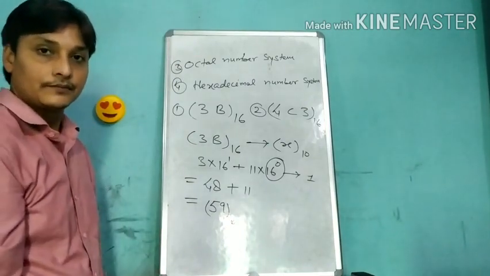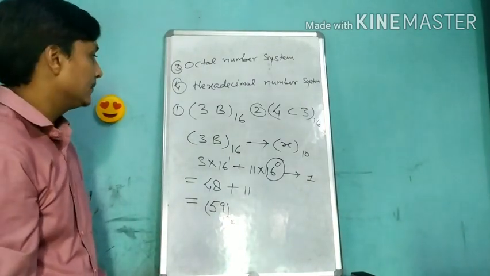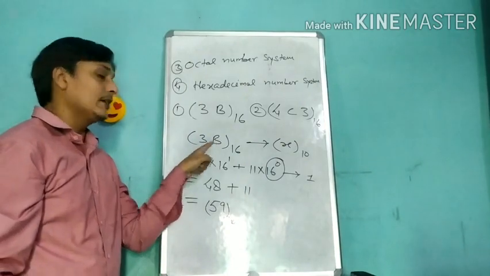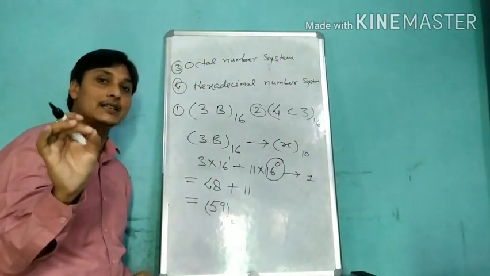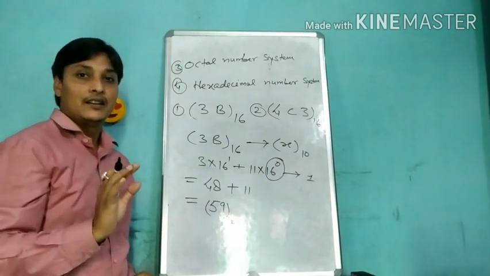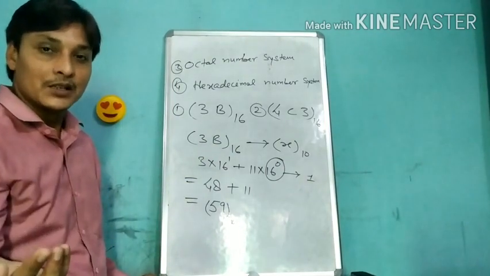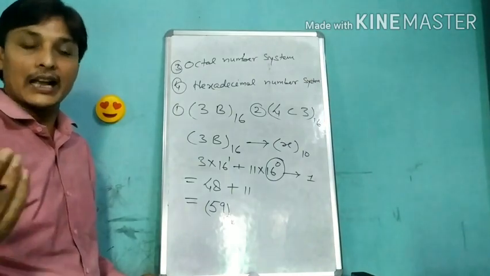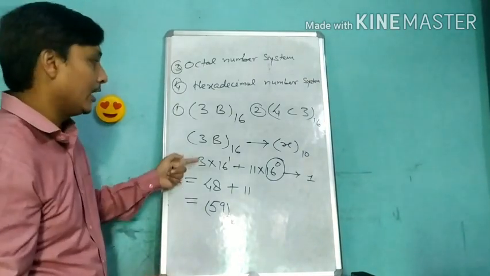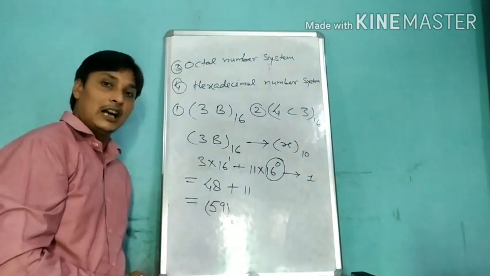Any problem? You should not have any, because we know the values of A, B, C, D, E and F. A is 10, B is 11, C is 12, then D, E and F. So put the values according to the alphabets.